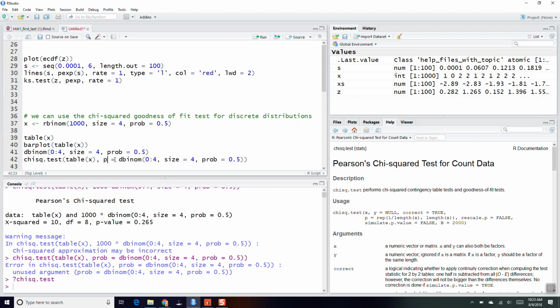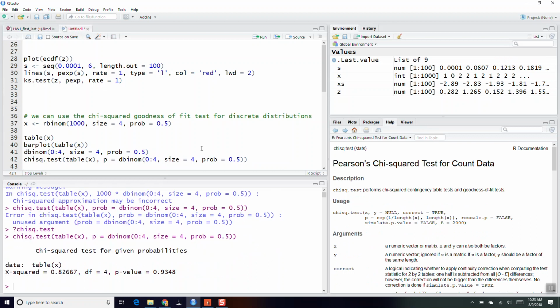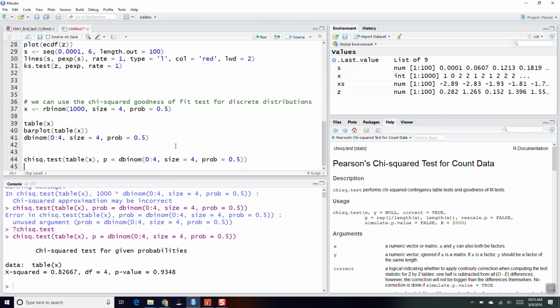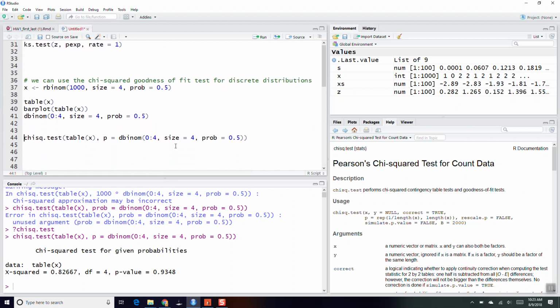Okay, that's what I need to do. Here we go. This is what I wanted to do. Chi-squared test for given probabilities. That's what we want. Okay, the chi-squared test, goodness of fit test, for given probabilities.